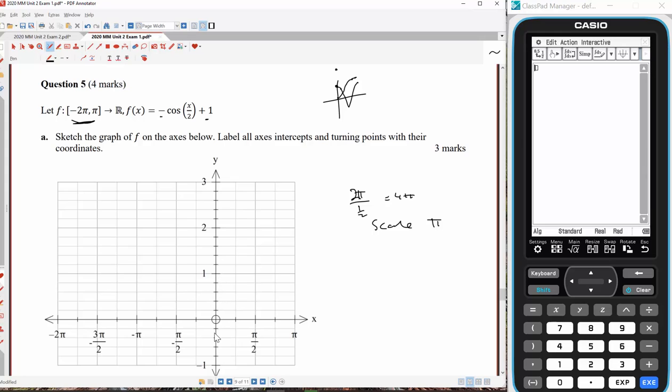Typically we would start there and go down, but because of the translation up, we start there, and then we've got that reflection, so we're going to start here, goes to there. That means that before there, it's going to be there, I think.